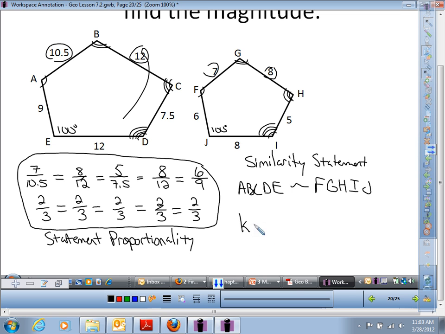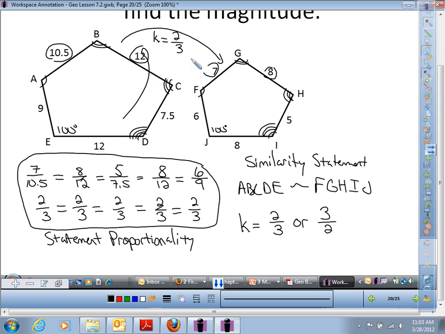Now let's find our magnitude. We already have it. Our magnitude is 2/3 or 3/2, depending upon which way you're going. Remember, from the big guy to the small guy, my scale factor would be 2/3. Multiplying by a number between 0 and 1, like 2/3 is, gives you a smaller number.